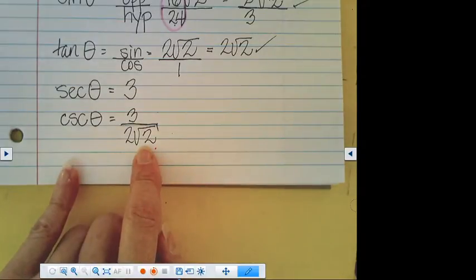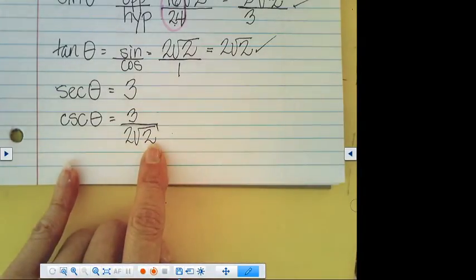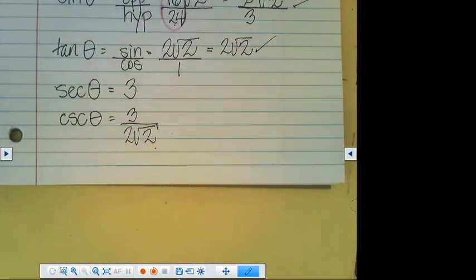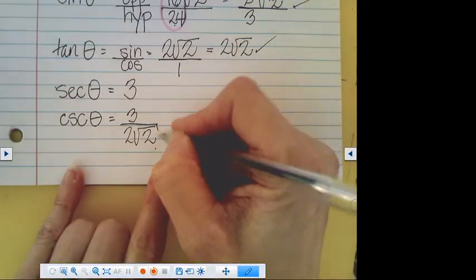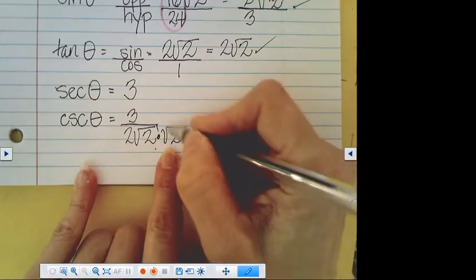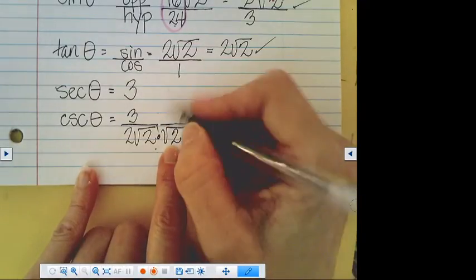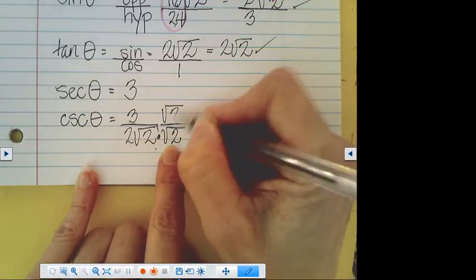So in order for you to turn a square root of 2 into a rational number, you simply multiply it times itself. So in the denominator, you're going to multiply by square root of 2. And when you multiply the denominator by square root of 2, you have to multiply the numerator by square root of 2.